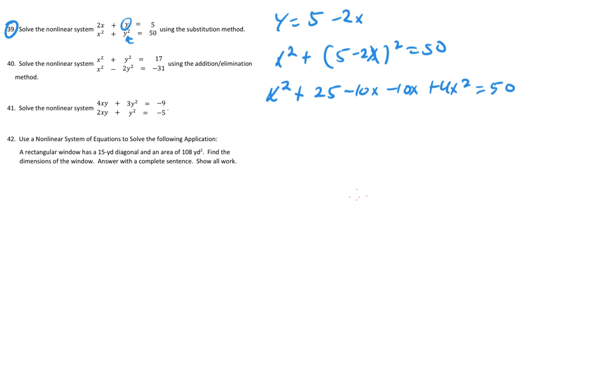Combine like terms. So we get 5x squared minus 20x plus 25 is equal to 50. Subtract 50 from both sides. Divide everything by 5.